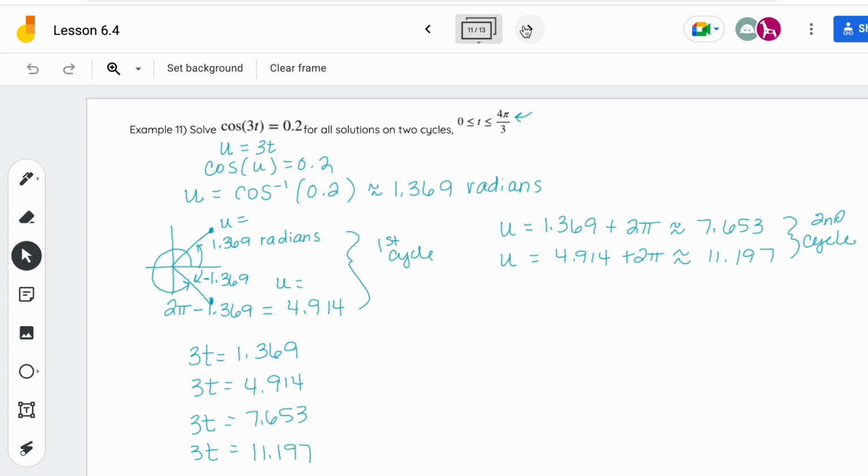Finally, dividing each value by 3 to get t by itself, t will be equal to 0.456, 1.638, 2.551, and 3.732. 2 cycles around.